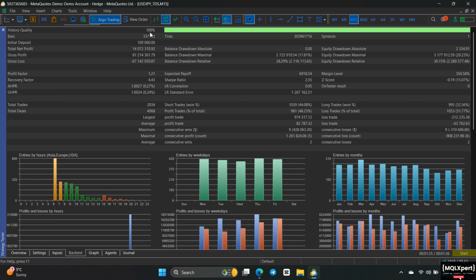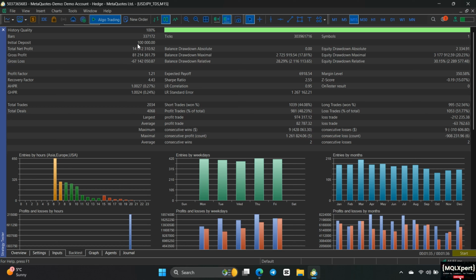That will be where you put money into your account, you load the EA, and it just blows your account because it's not actually a profitable EA. It hasn't had loads of testing done and been made stable, and it doesn't have a high recovery factor. But yeah, you can see this has a 100% history quality.